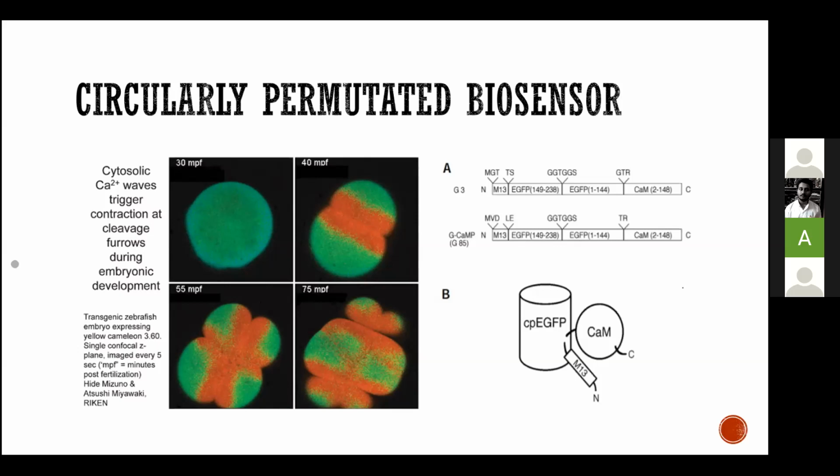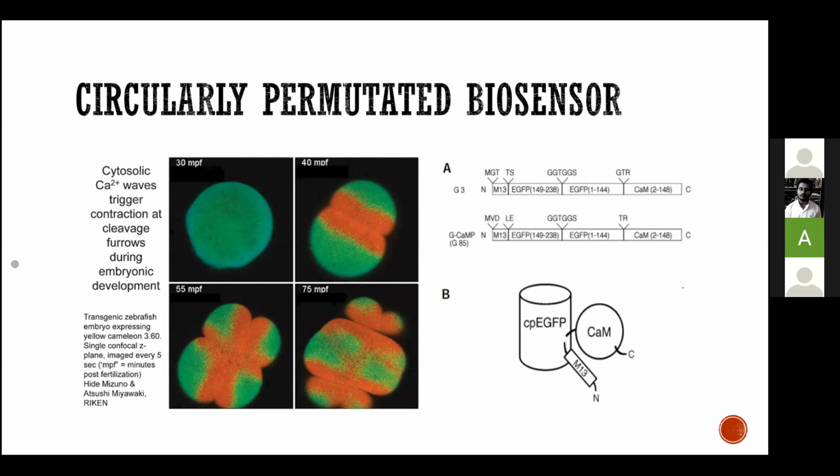So what is this bright red signal? This is basically your calmodulin biosensor present there, which is sensing calcium ion. It's not detecting calcium ion anywhere else in the egg.